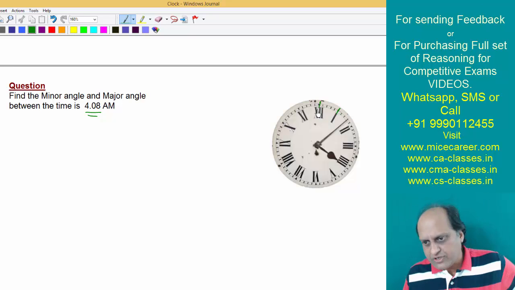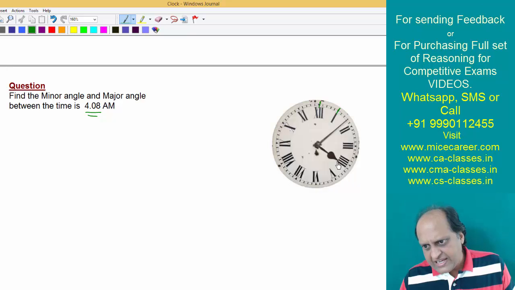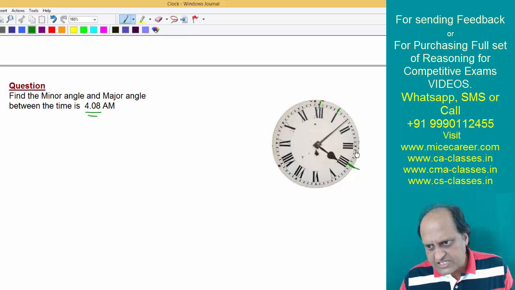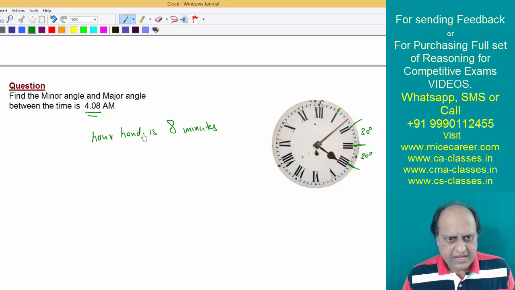Now, I have to tell the angle at this time. You understand that this hour hand is slightly ahead of this point. From this to this, 30 degrees we are sure. Now the hour hand is 8 minutes ahead of 4.